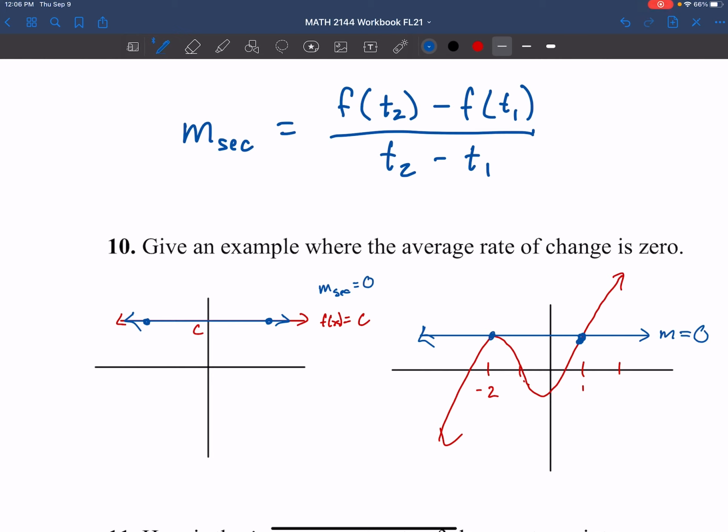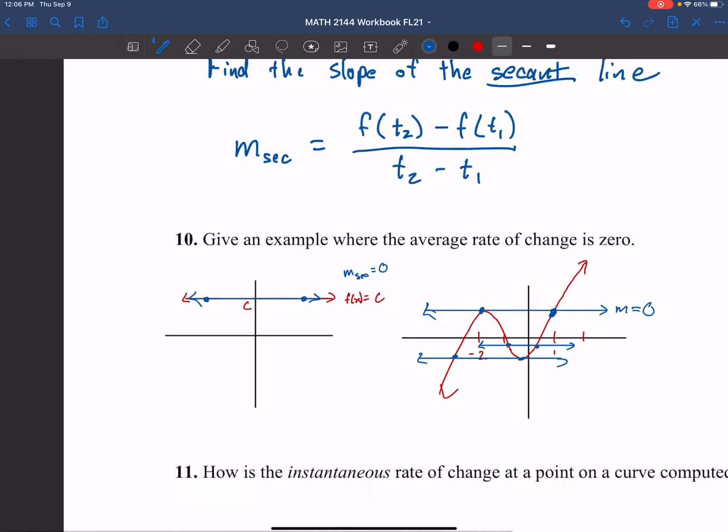Is this the only secant line on this graph with a slope of 0? No. The other ones may not be as easy to see, but you can use this one right here. There are 3 different secant lines associated with certain x values, all having a slope of 0. Are there any questions on number 10?